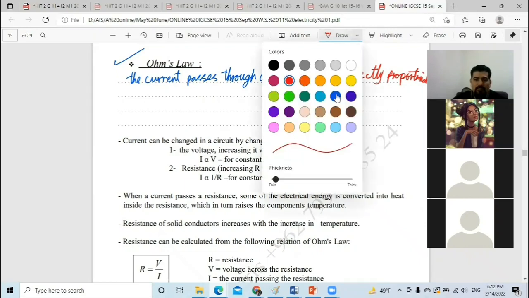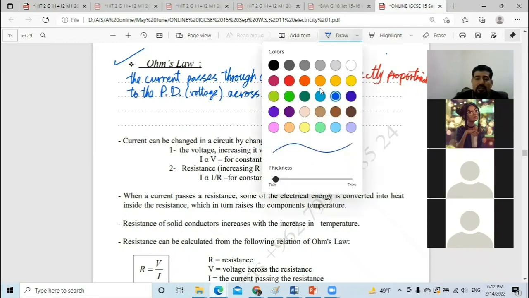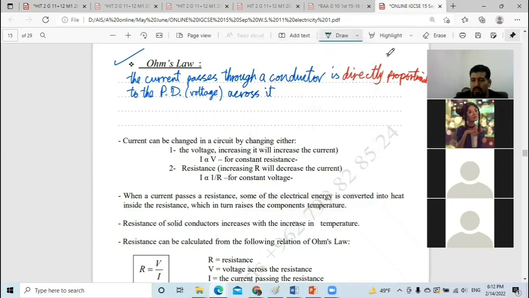to the PD. What do I mean by PD? Potential difference. I mean by PD, potential difference or voltage, across the conductor, across it. This is the condition. This is Ohm's law.